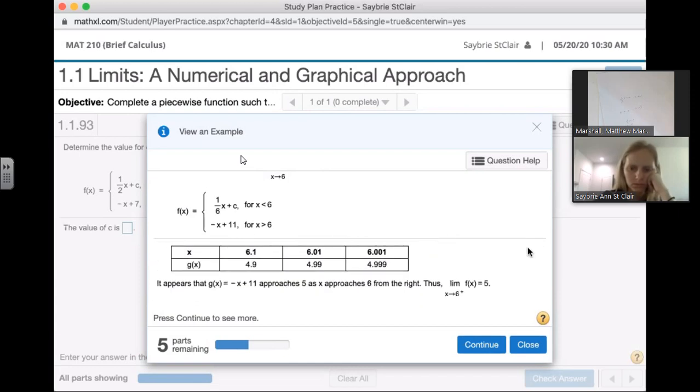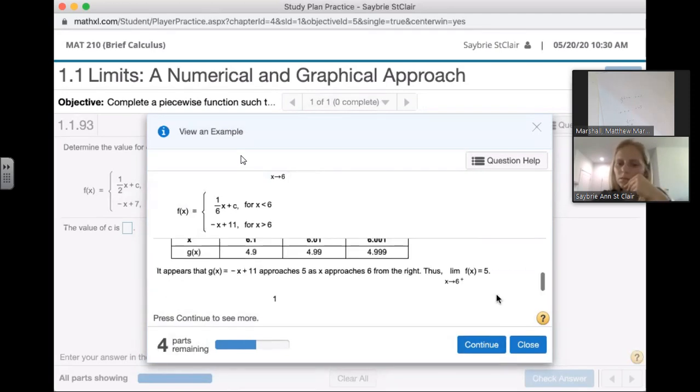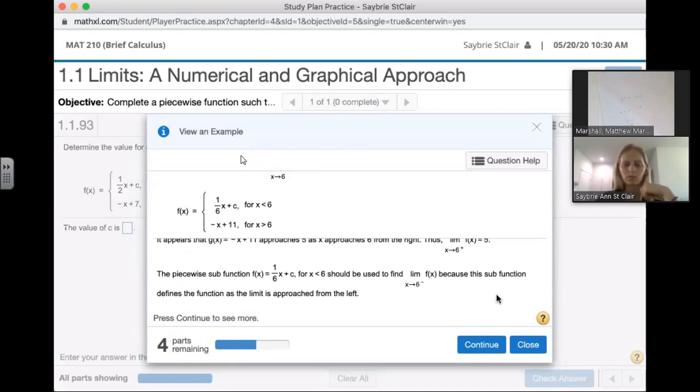Okay, I see what they're doing. They're just adding more to it. All right, you continue. So approaching it from the left. Okay, you can hit continue there.